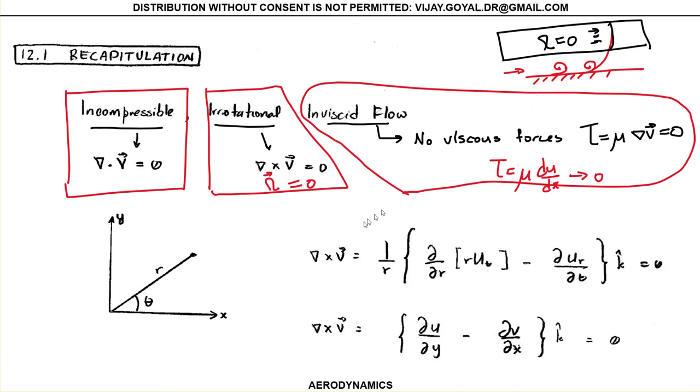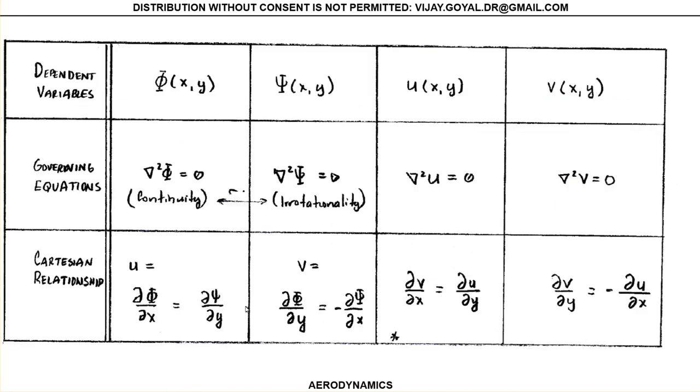Okay. So then this is all mathematics. This is all equal to zero. You may want to pause this and take a nice shot of this and write this down. This is a nice summary of how everything actually works. This is because of continuity. This is because of it's irrotational. Okay, they are not the same.